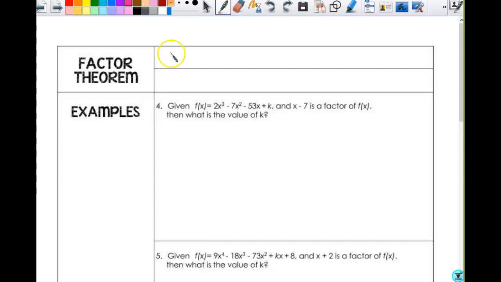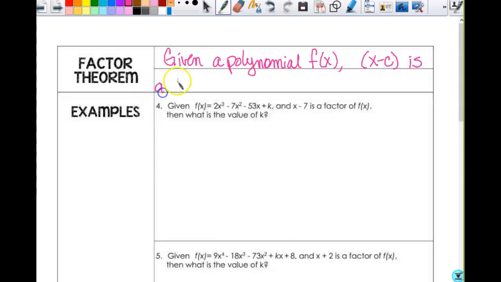Okay, so it says, given a polynomial f of x, x minus c is a factor if and only if f of c equals 0.